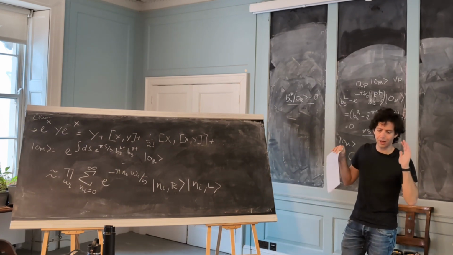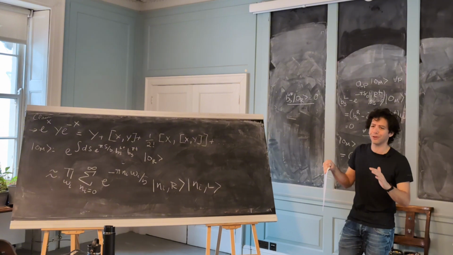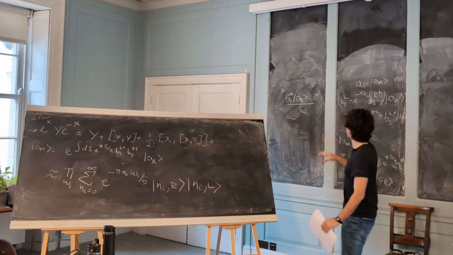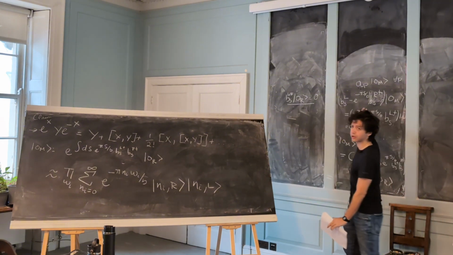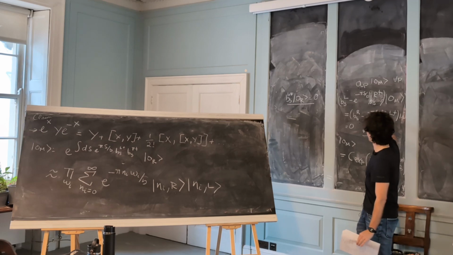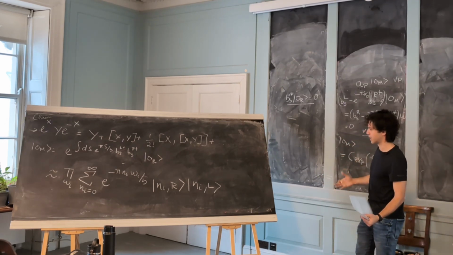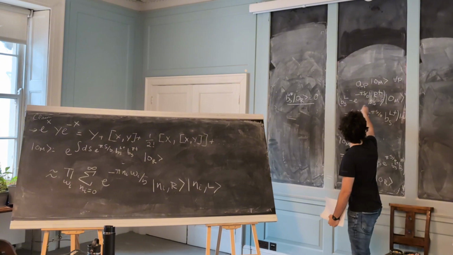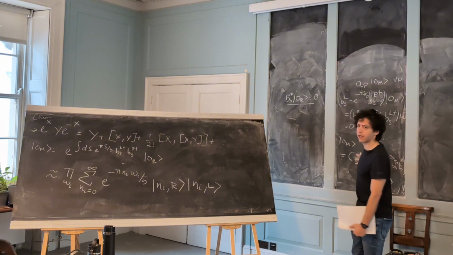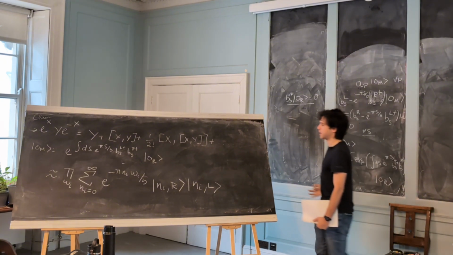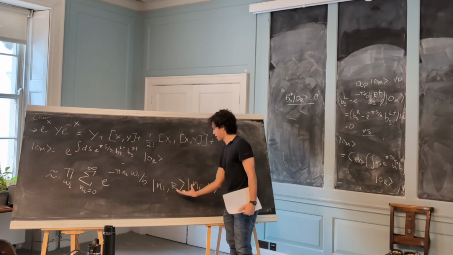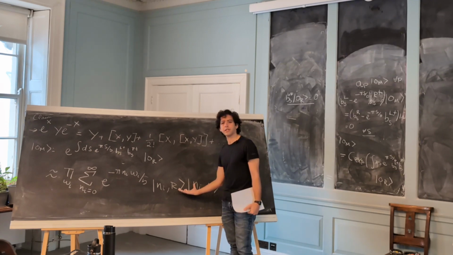We started with free quantum field theory in Minkowski space, and we decided to study it in these particular coordinates. And the observer in these particular coordinates observed a thermal state.